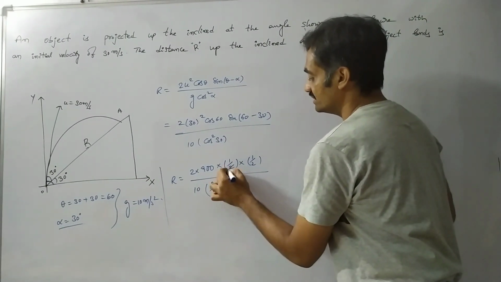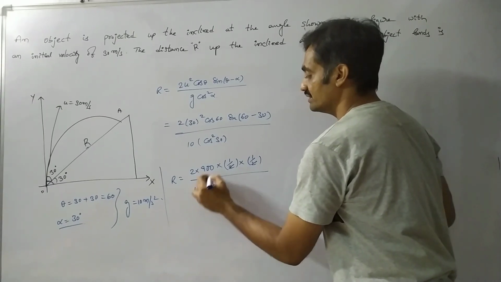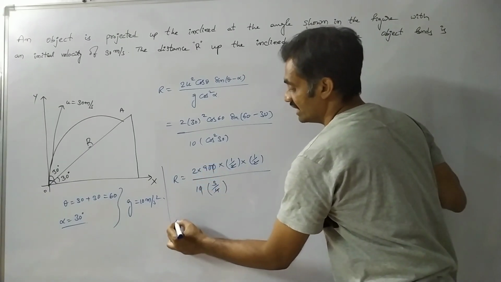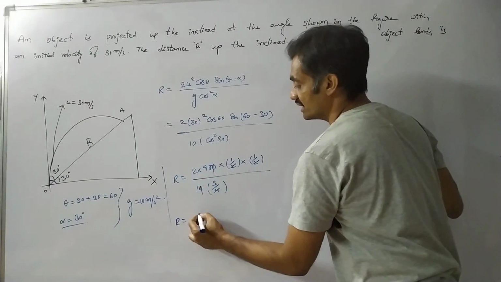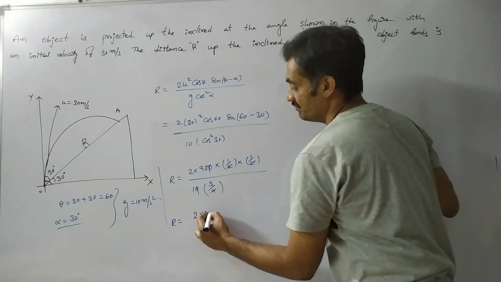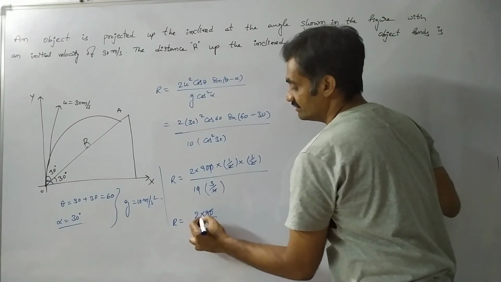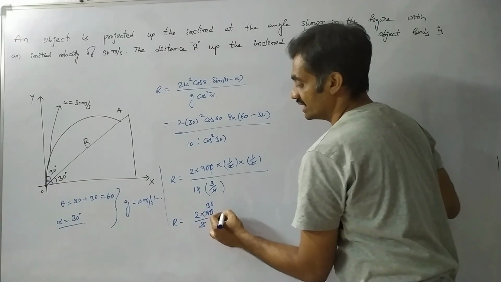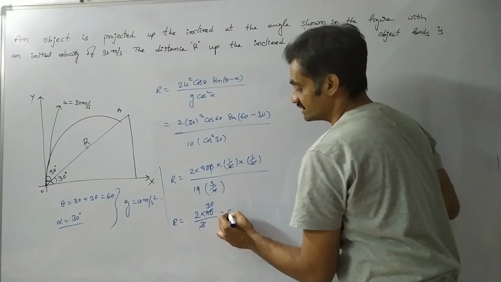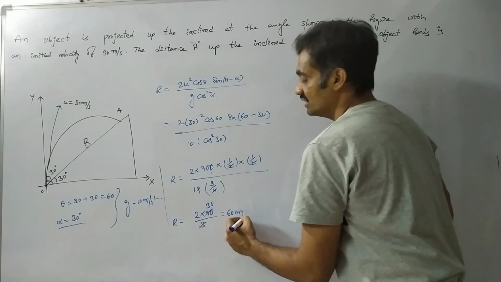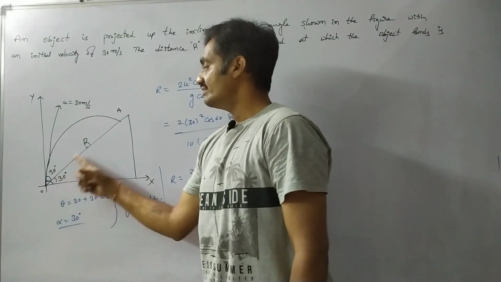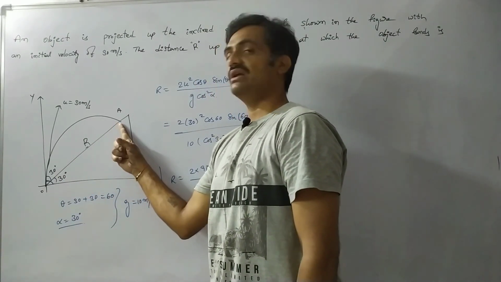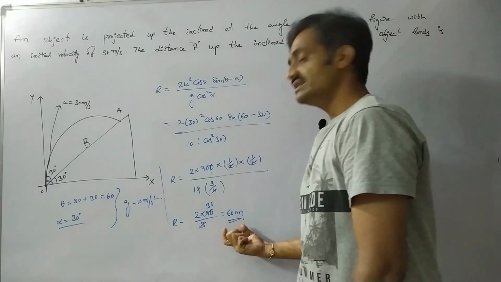Here the 4 gets cancelled and the 10 gets cancelled. Then we have R = 2 into 90 by 3, and 3 nines are 27... so we have R = 2 into 30, which is 60 meters. So the range of the body at which it lands on the inclined plane is 60 meters.